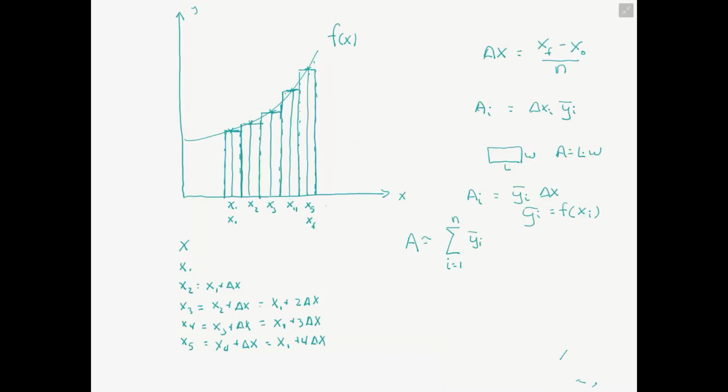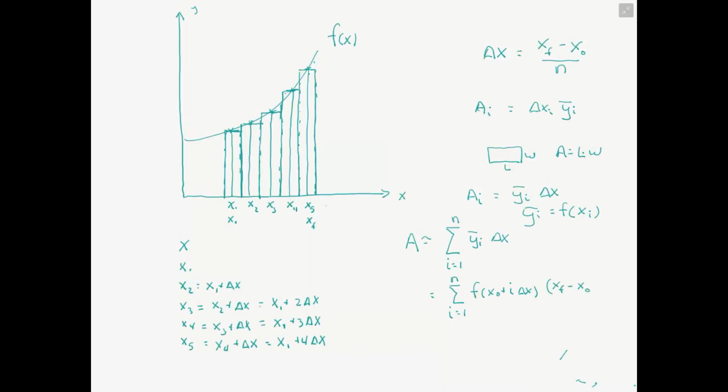All right, so we have y i average times delta x, and that's equal to the sum from i equals 1 to n of f of x naught plus i delta x, times delta x.